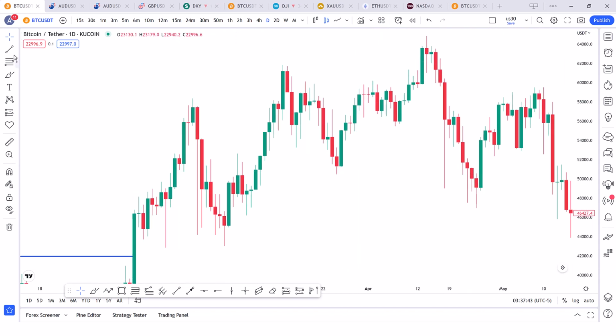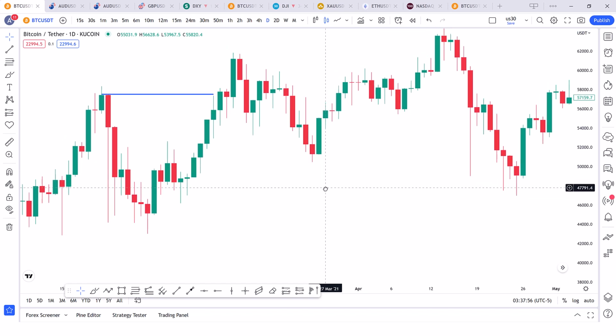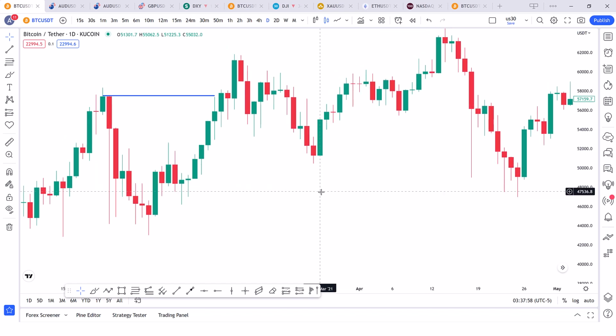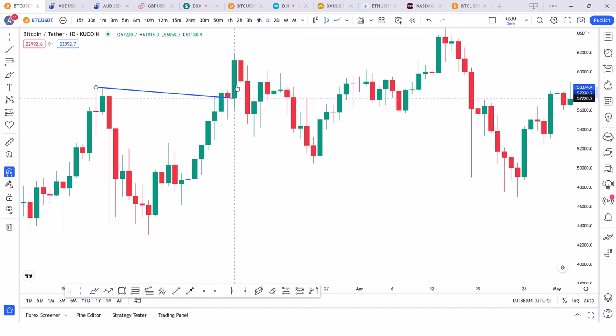Some people use body to body, and that's okay too. For example, if you use a line chart or other kinds of charts, body to body is the thing that you are seeing on your chart, and that is going to be okay. But for myself, I use a shadow and wait until it gets broken with the body of a candlestick.